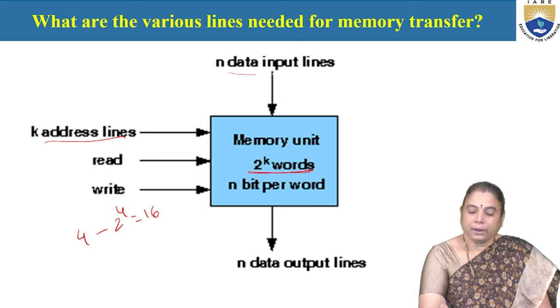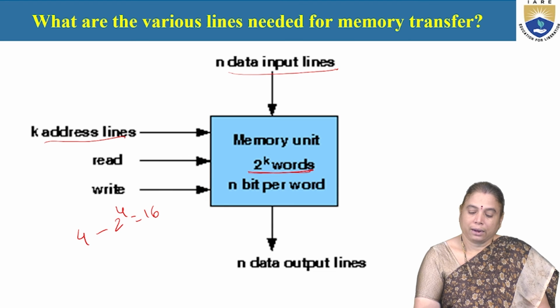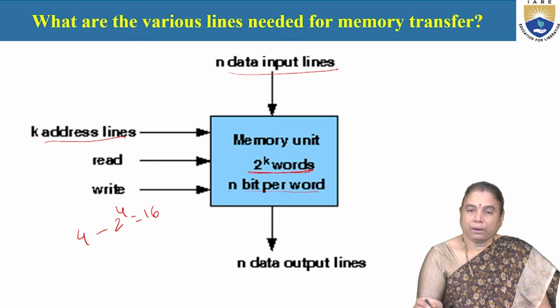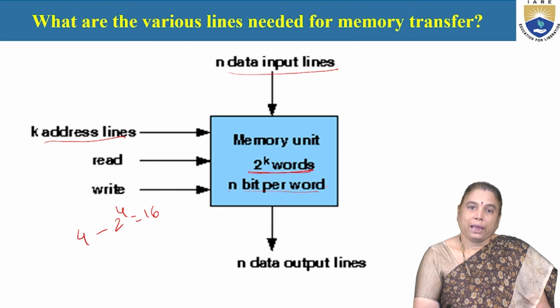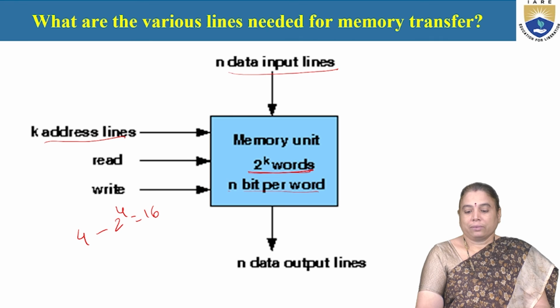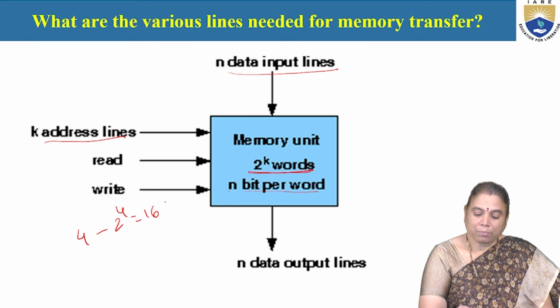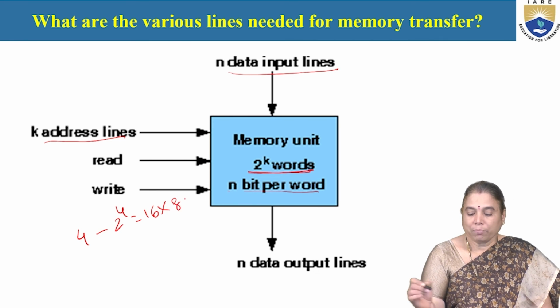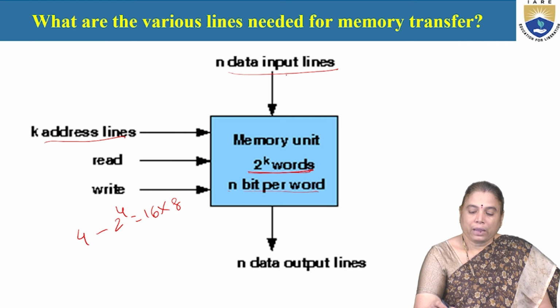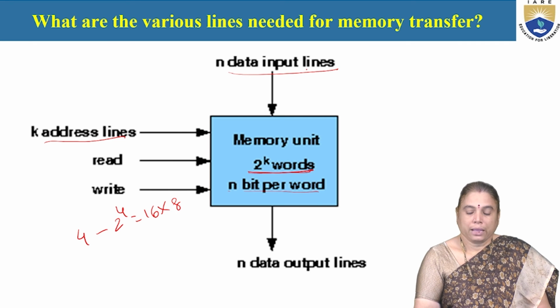If 8 data input lines are there, then an 8-bit word can be used. So this memory can be a 16 by 8 memory. And if n data input lines are there, then there should be n data output lines. These are the various lines required for memory transfer.